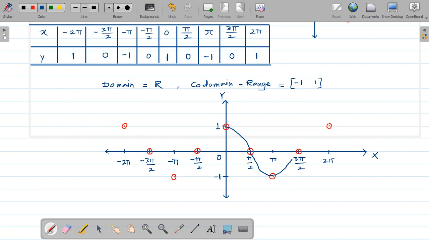Just see here, draw it in a proper way like this. The cosine function is defined on the whole real line. The domain of the cos function is the whole real line and the range is between -1 and 1. So this is the graph of the cos function.